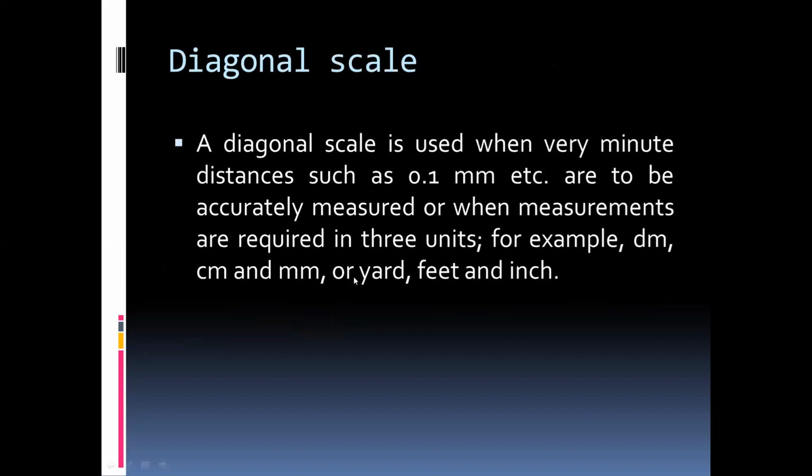Okay, so main unit and its sub units. Here an example is decimeter, then its smaller unit is centimeter, and its smaller unit is millimeter. Or if you want to measure yard, feet, and inches. For such type of very minute measurement, we have to use the diagonal scale. Okay.